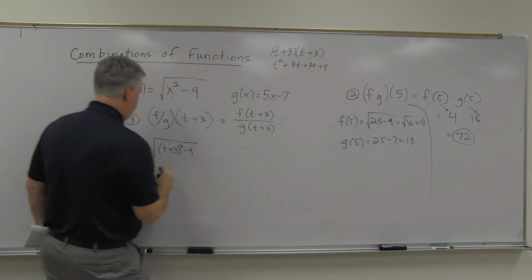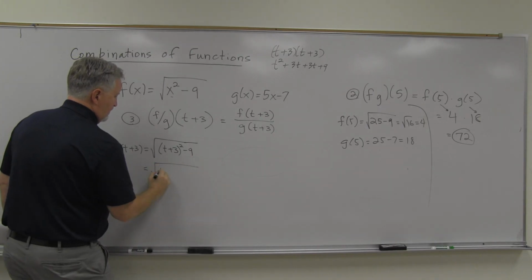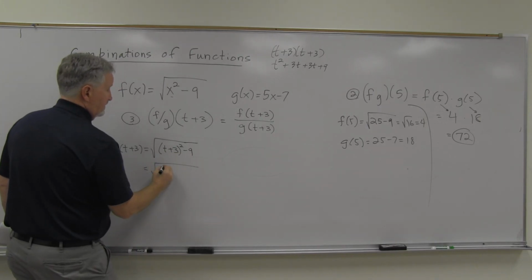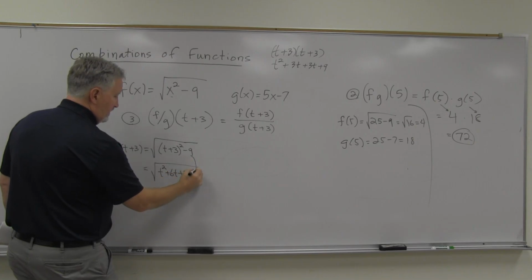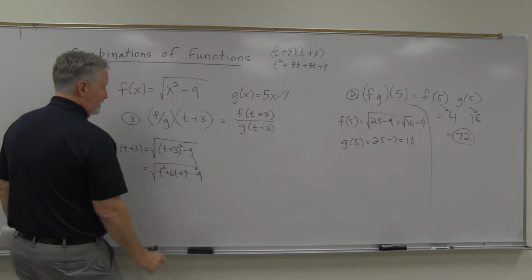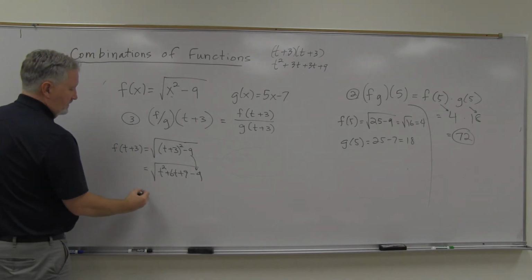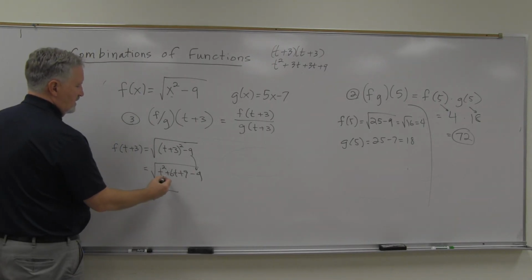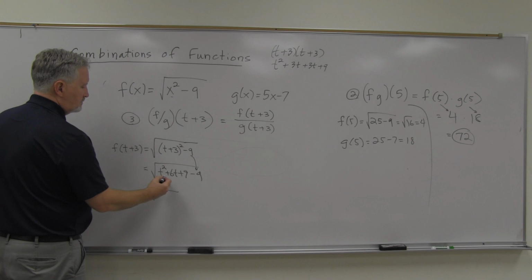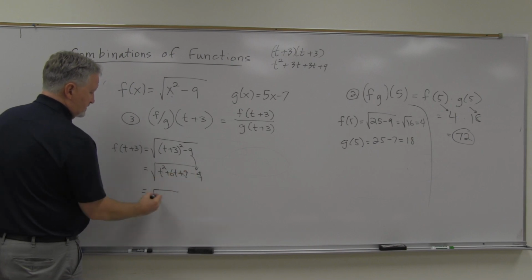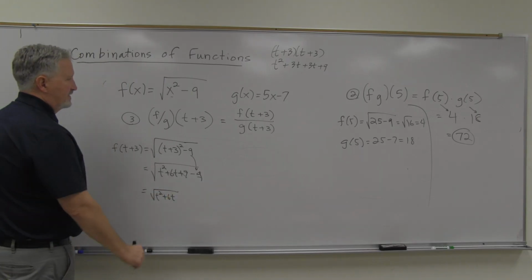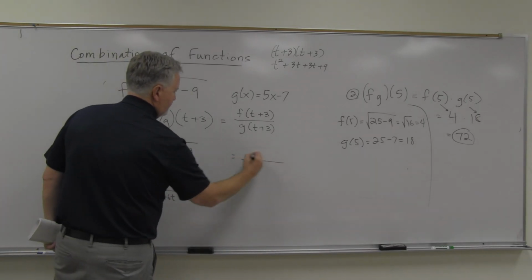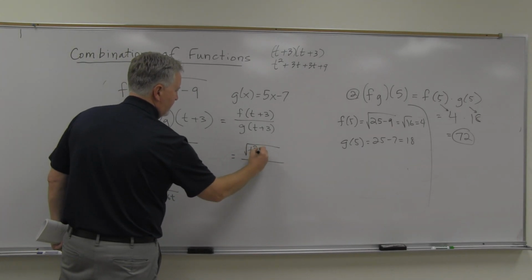So this t plus 3 squared is t squared plus 6t plus 9. And then we got the other part, minus 9. And so all it really simplifies down to is, well, the 9's go out, so it's t squared plus 6t. So that's going to be the top there.